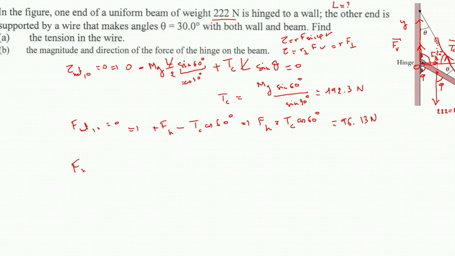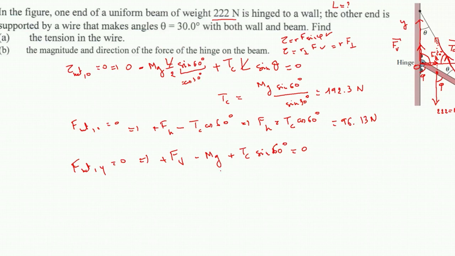Now net force along Y. Along Y, you will have plus F vertical, of course. You will have minus mg, but also plus TC sine 60 degrees, and this should be equal to 0.